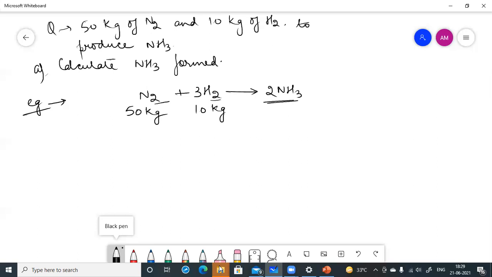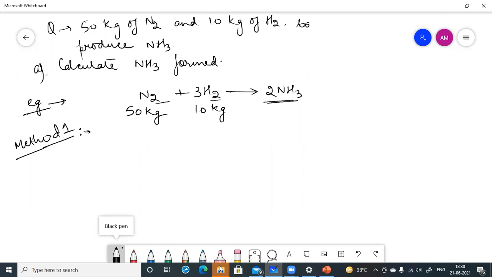The second method is that, without converting into moles, you can simply do it in terms of masses also, if you are capable of doing that. But sometimes with the help of moles it is easier. So I'll explain these calculations both ways. Regarding the first method, the new student, is it understandable, Aryan?